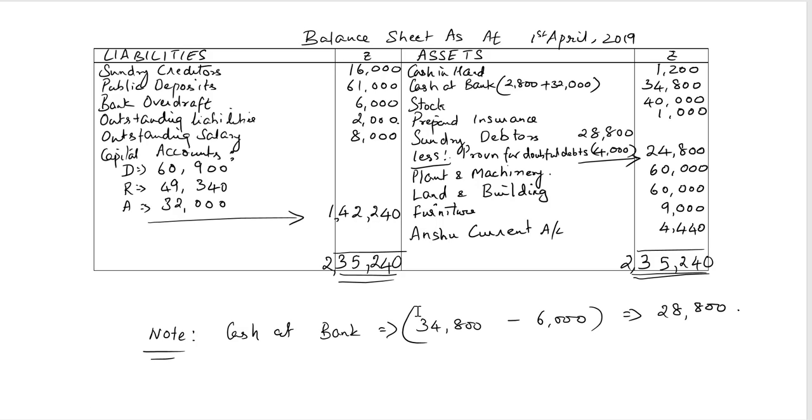So in this case, the balance sheet total will reduce by rupees 6,000. So you will get the balance sheet total as 2,29,240 rupees.